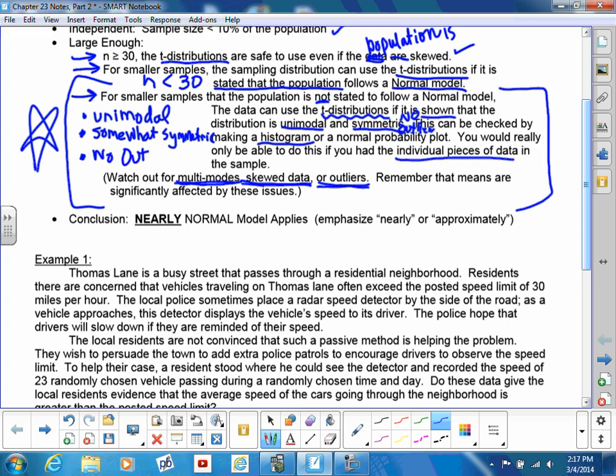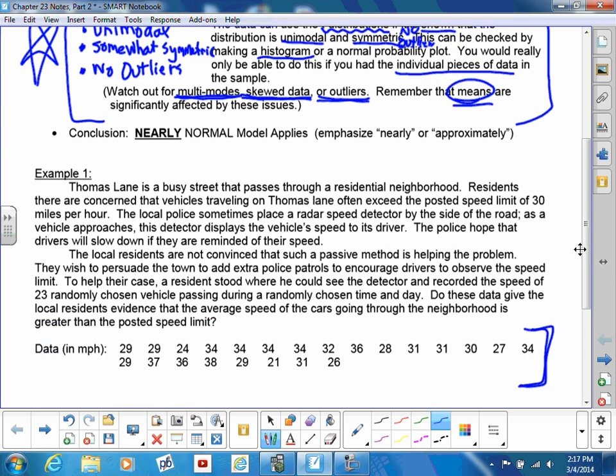And again, what is the purpose of making these observations? So that I feel comfortable that what? Well, I do not want the mean to be getting messed up by multimodal data, skewed data, or outliers. So if my data looks roughly like those things, then I'm okay. And my conclusion is that the nearly normal model applies. These are not perfectly normal, so you have to stress that it's a nearly normal model.